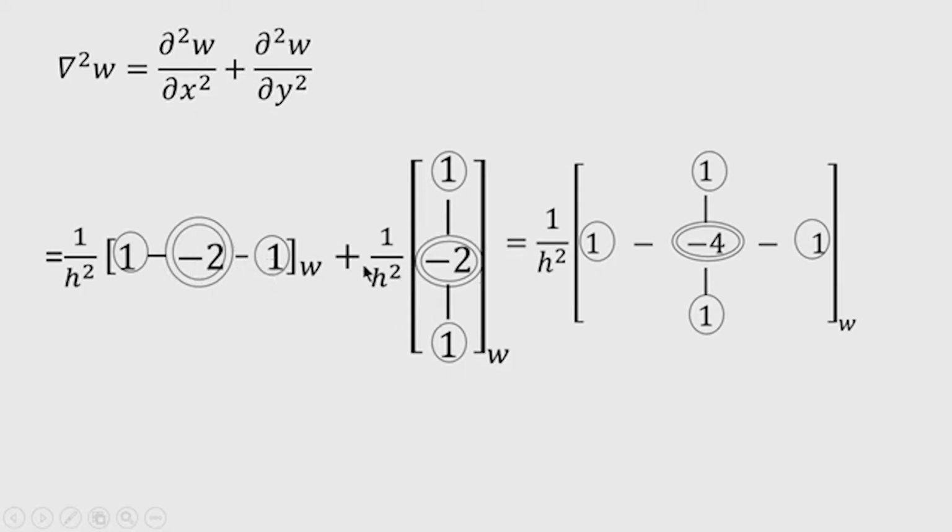So, after addition, you can see that the Laplacian operator appears in this form: 1 by h square times 1, then minus 4, 1, because minus 2 when added becomes minus 4, then 1 in the top and bottom, and left and right also have coefficient 1. So, this Laplacian operator is important when we consider the plate under biaxial compression of equal magnitude in buckling problems.